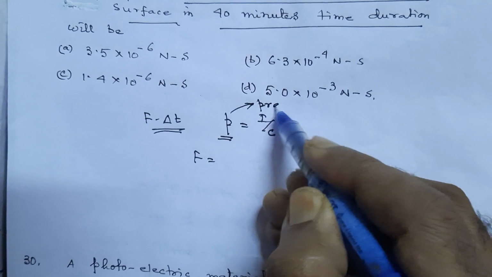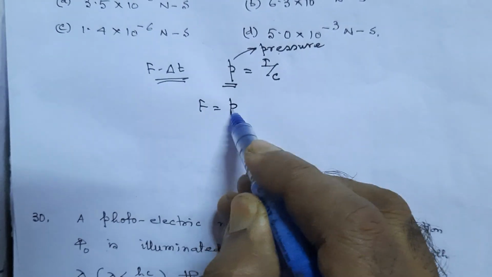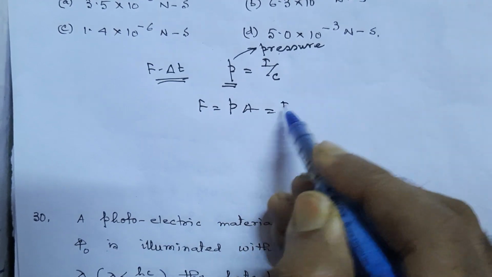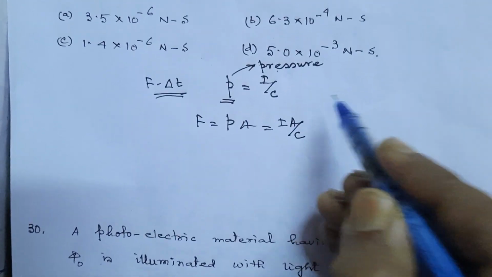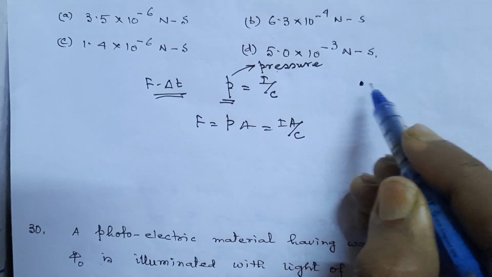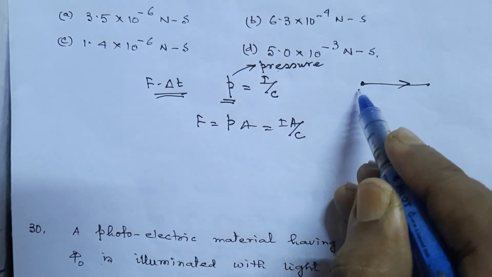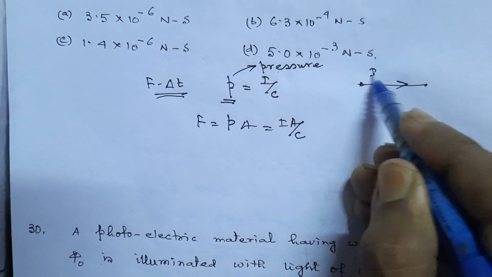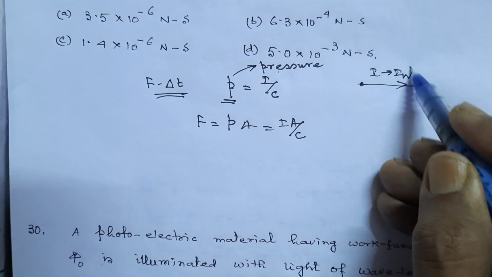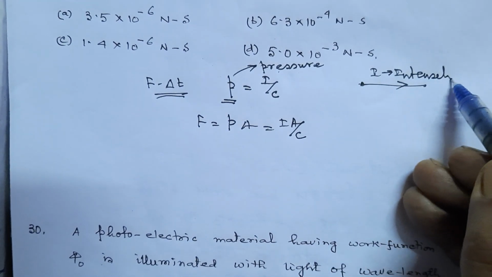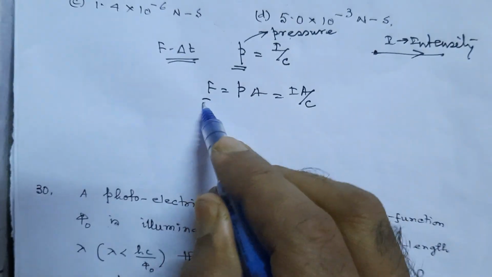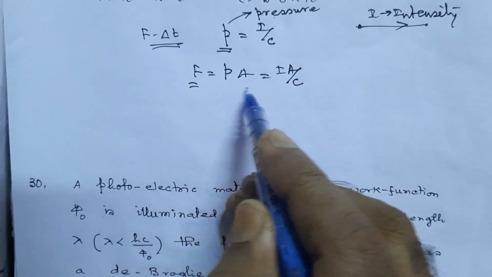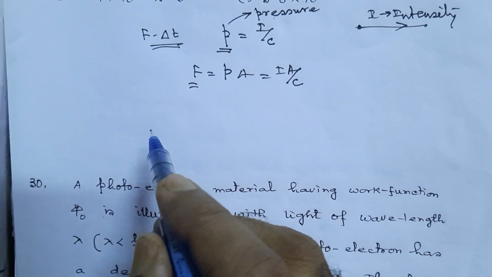So F equals P into A equals IA by C. The radiation gives some pressure, and such pressure is I by C, where I is the intensity of radiation and C is the velocity of light in vacuum. So the force acting on the surface is P into A equals IA by C.